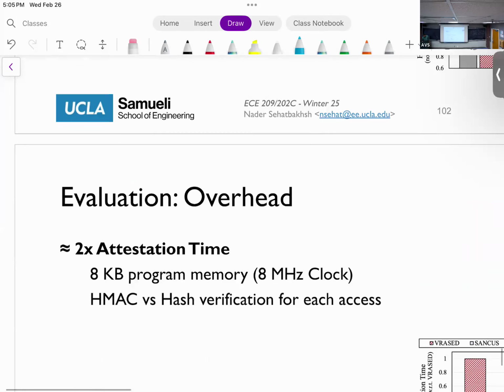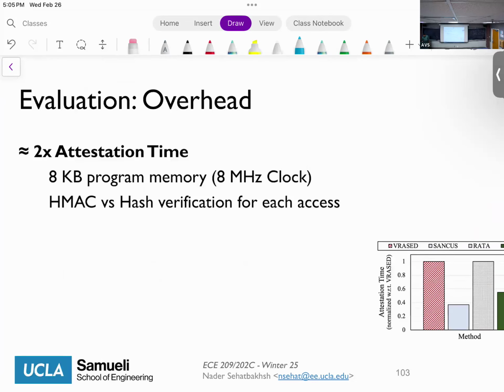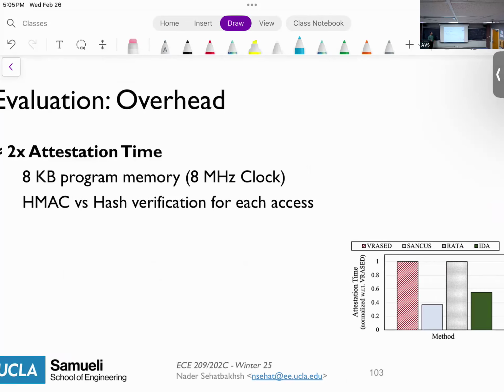And then the attestation time is significantly less than other methods because hash functions are generally much faster than MAC functions. A MAC function is twice as slow as a hash function because you can think of an HMAC as hashing twice.